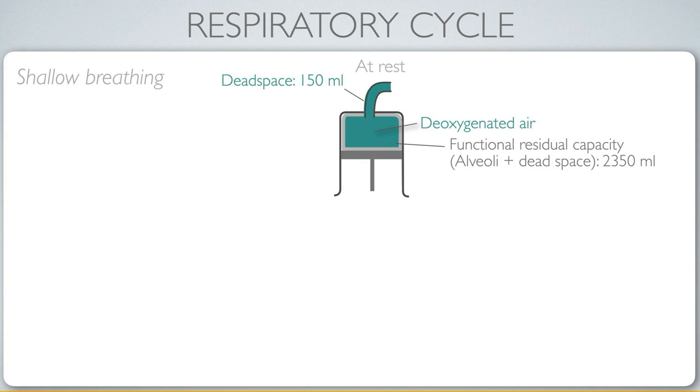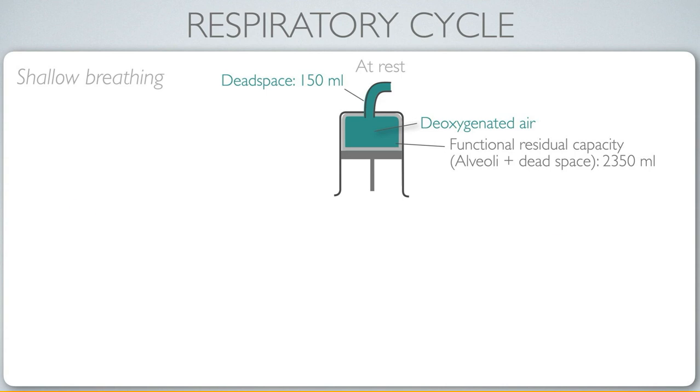So functional residual capacity is a pretty big number compared to the dead space. All right, so 2350 milliliters is a pretty large volume. Now you might tend to think, well, I exhaled and therefore all the air left, but there's this large volume that remains in your lungs.